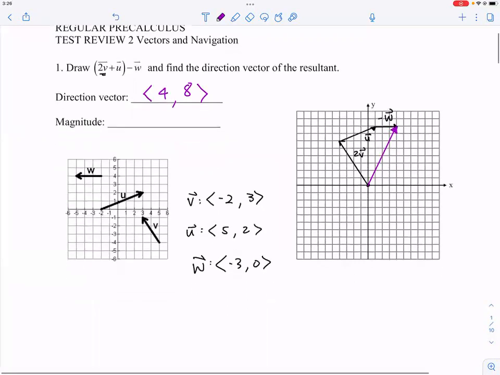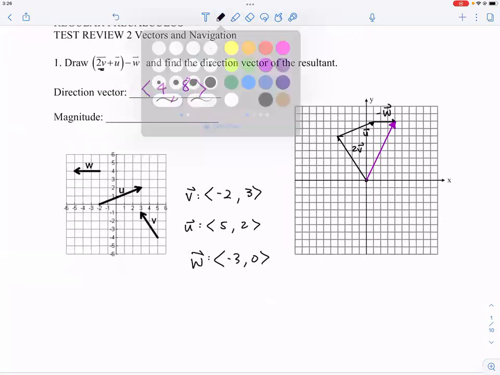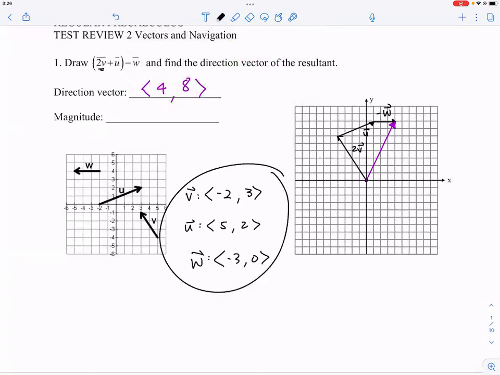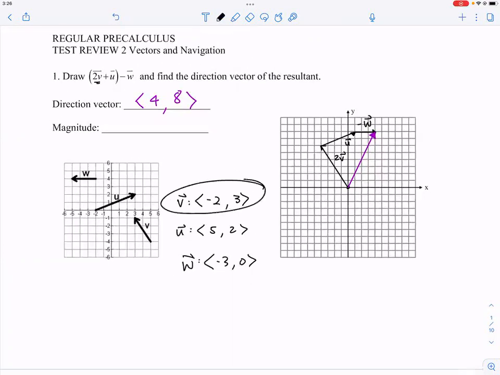Now, of course, you can cross-check your work with your directional vectors if you want to do it that way, because you can say, well, 2 times V, so 2V is simply -4, 6. And then U is 5, 2, and then -W, so you have 3, 0.